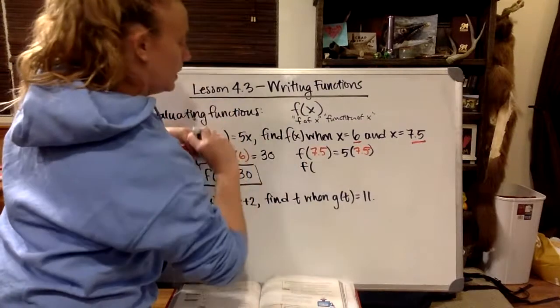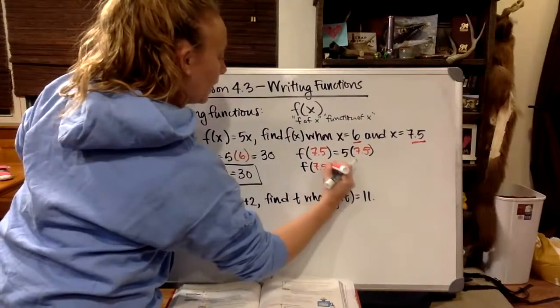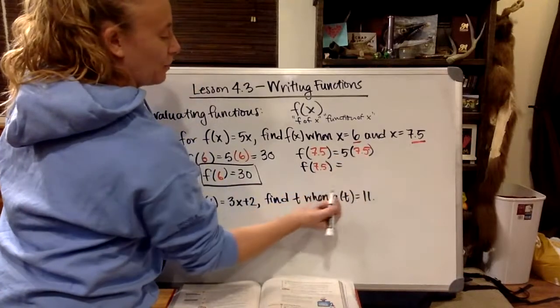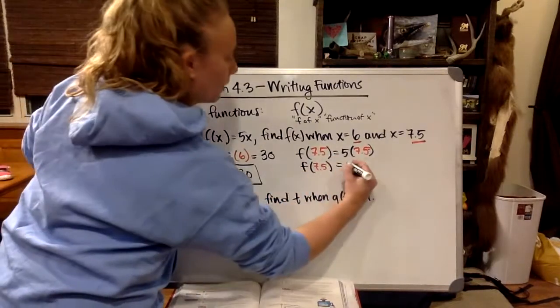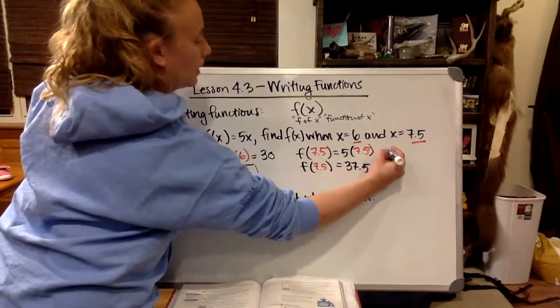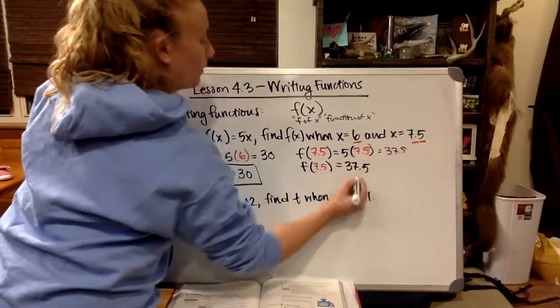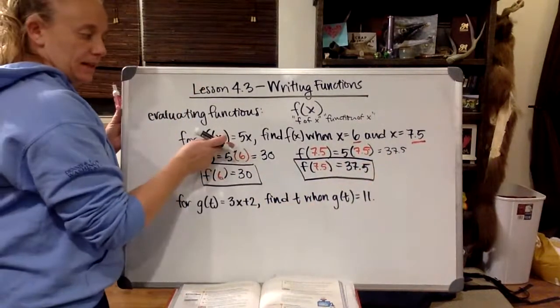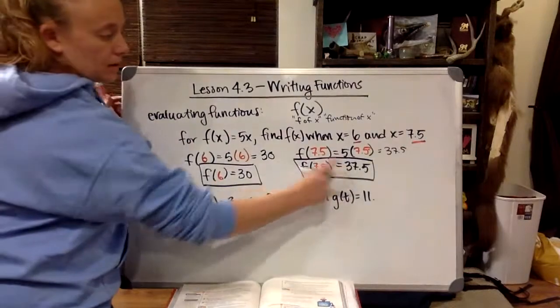F of 7.5 is equal to 5 times 7.5, which is 37.5. So my final answer, f of 7.5 into this function, is 37.5.